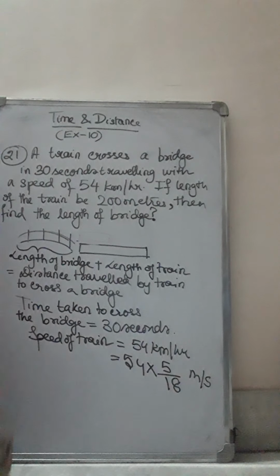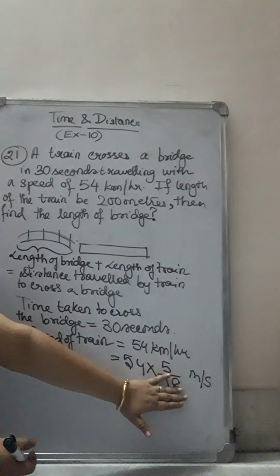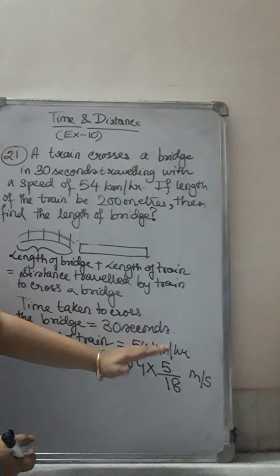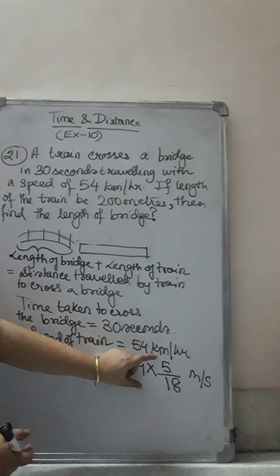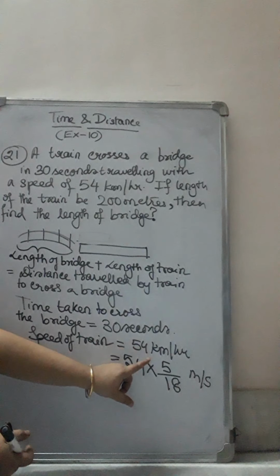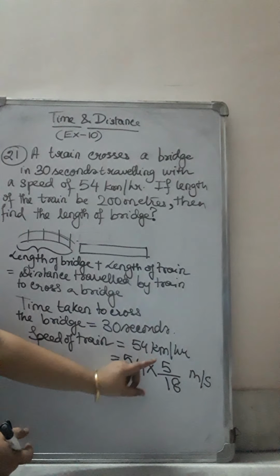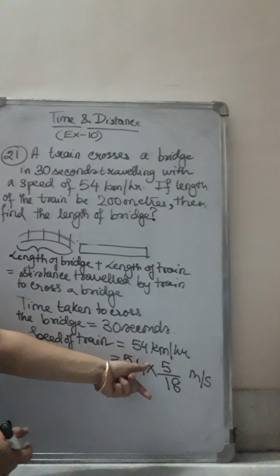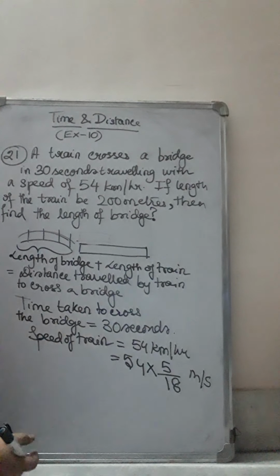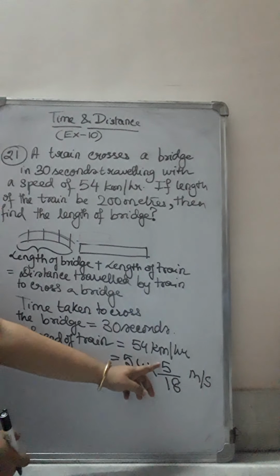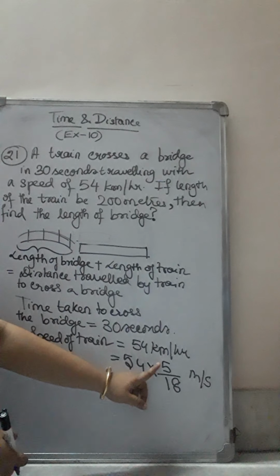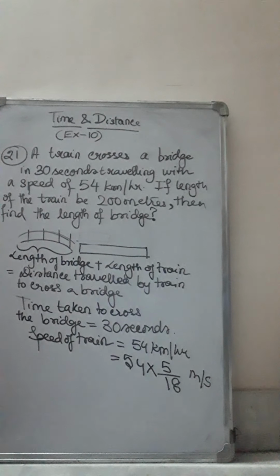This I have taught you earlier also. But if you are moving from meters per second to kilometers per hour, to a higher unit, you multiply with the reciprocal, a fraction with the numerator bigger than the denominator. Since here we are moving to a lower unit, we multiply with a fraction lesser than one, so 5 by 18, because the numerator is smaller than the denominator.